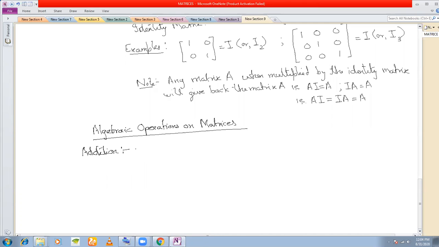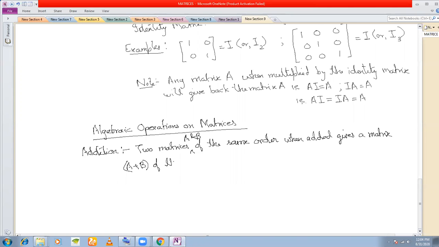For addition, just write: two matrices, say A and B, of the same order, when added, give a matrix A plus B of the same order. That is what you must note.